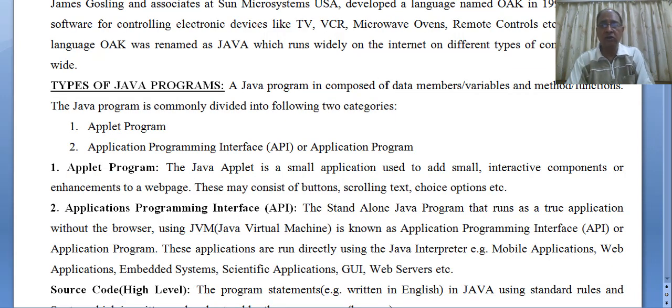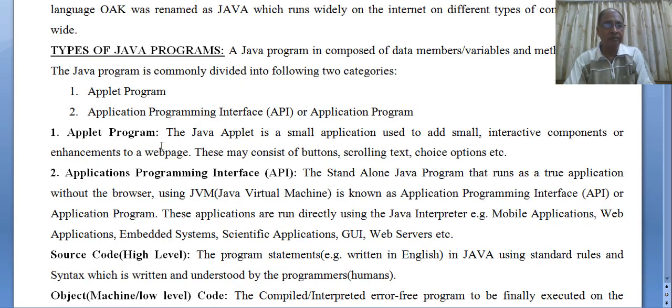Now, types of Java programs. A Java program is composed of data members or variables and method functions. A Java program is commonly divided into the following 2 categories: applet program and application programming interface, that is called API, or an application program. Applet program. The Java applet is a small application used to add small interactive components or enhancements to a web page.